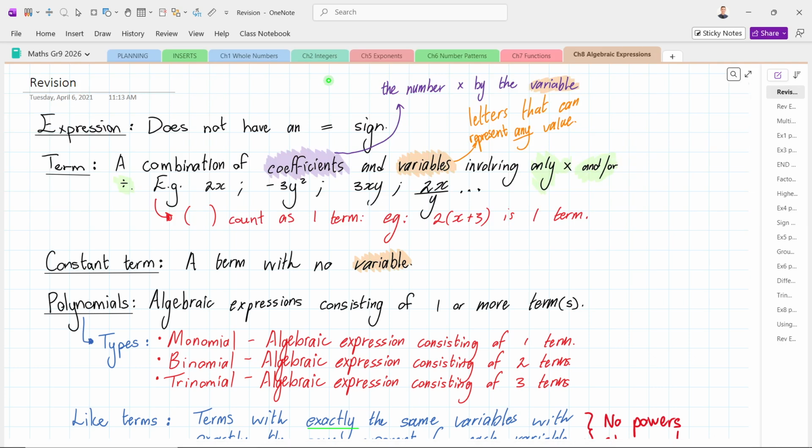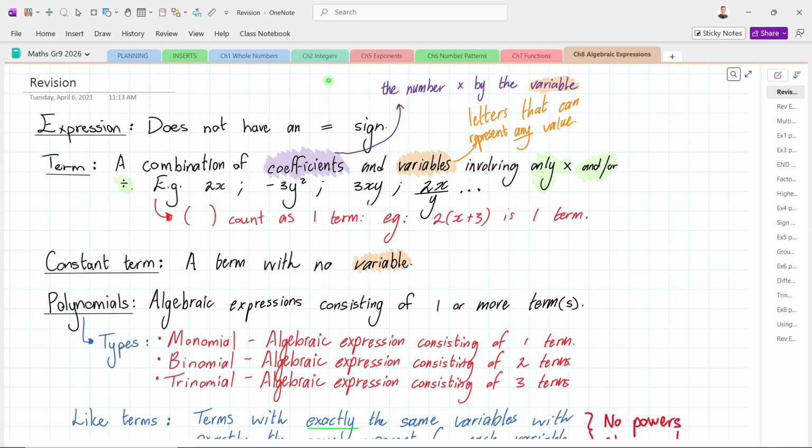So firstly, generally you get confused between what an expression is versus what an equation is. Now an expression is going to be one or more terms. We're going to get to what a term is now, but it will not have an equal sign.